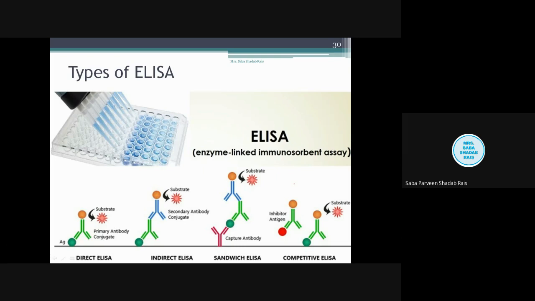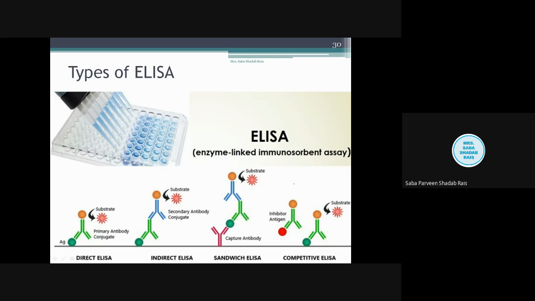So this amount of signal will be calculated. The lesser the color intensity developed, the more antigen was present in the sample. So the main advantage of this particular type of ELISA test is that it is highly sensitive towards compositional differences. It gives an accurate count of how much antigen is there.